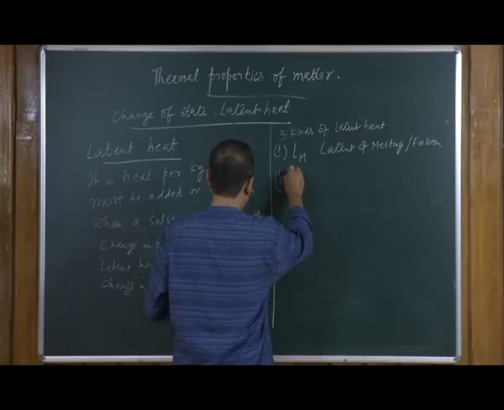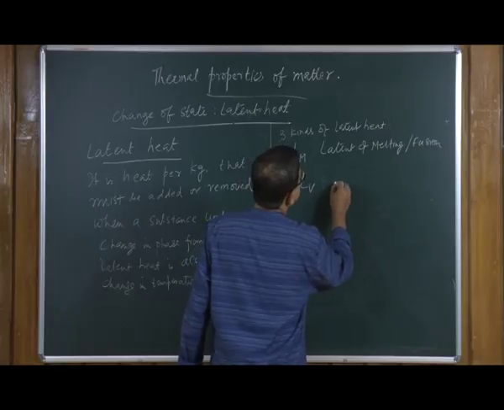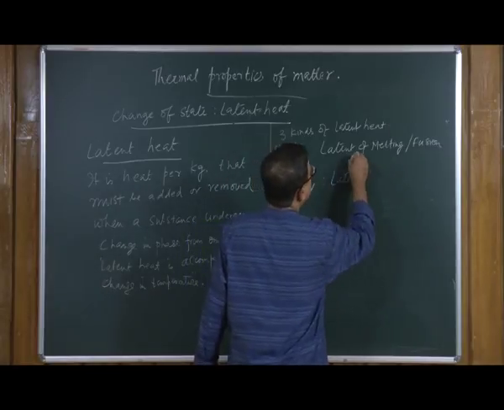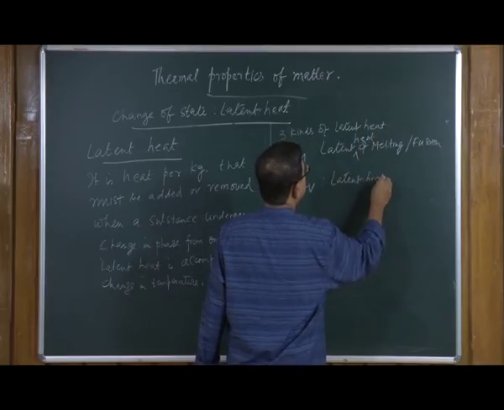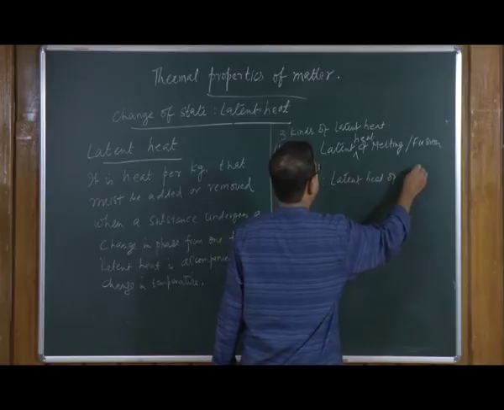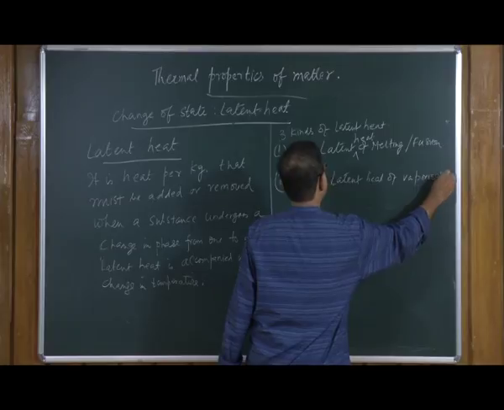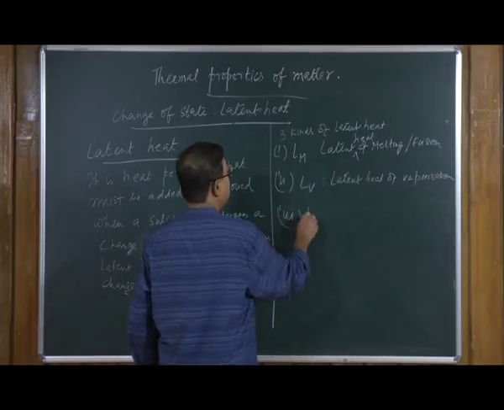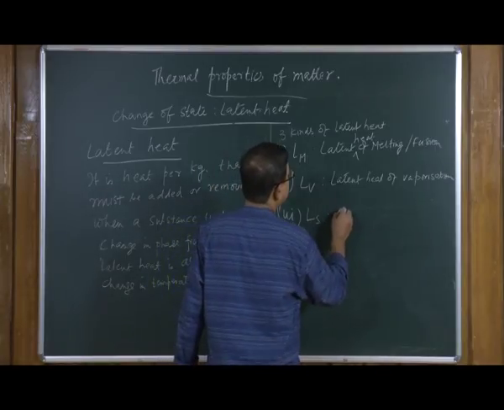and number 2 is LV. So, it is the latent heat of vaporization, and number 3 is latent heat of sublimation.